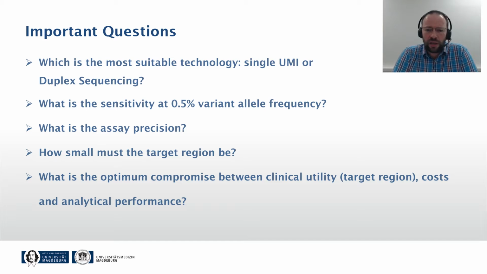How much target region can we sequence? Can we do larger panels, or do you really have to focus on a very small hotspot panel? And last, the optimum compromise between clinical utility and the costs, and the analytical performance.